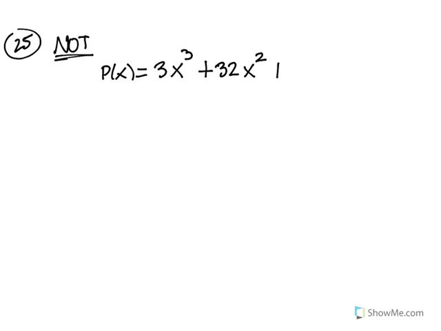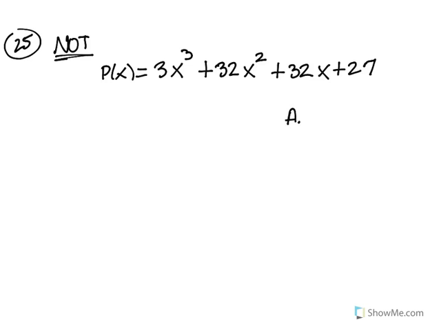They're quicker. It says on 25, which is not a possible rational zero. You want your calculator. Which is not a possible rational zero of the polynomial 3x to the third plus 32x squared plus 32x plus 27.